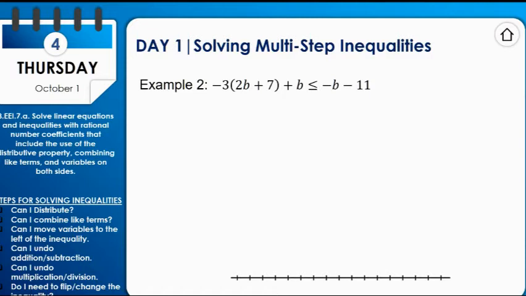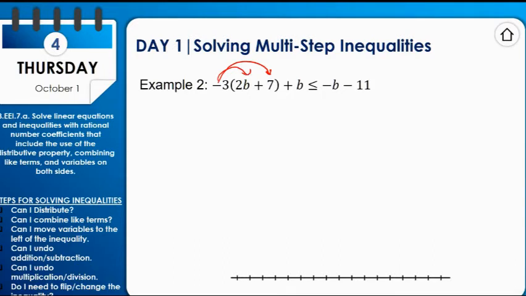In example number 2, again, we're going to walk through the steps. I will tell you that in both of the examples, we will examine changing or flipping the inequality because I want to make sure that you see how that process works. So, can I distribute -3? Yes.